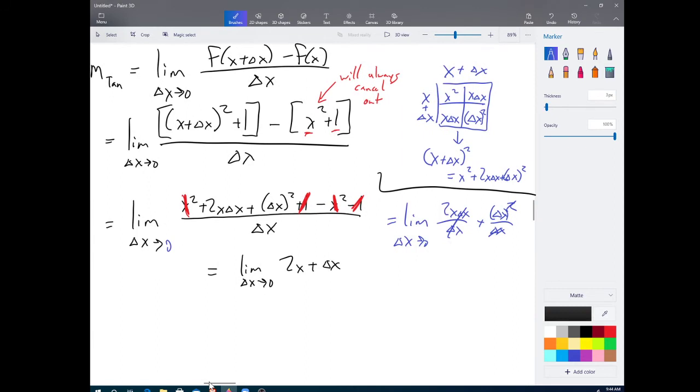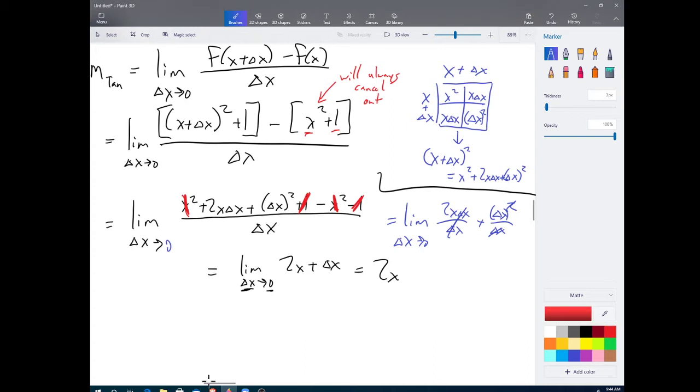Now, what is the limit as delta x approaches 0 of 2x plus delta x? Plug in delta x equals 0, and what are you left with? Not 0. Not entirely, because there's still something else left in the equation. 2x.